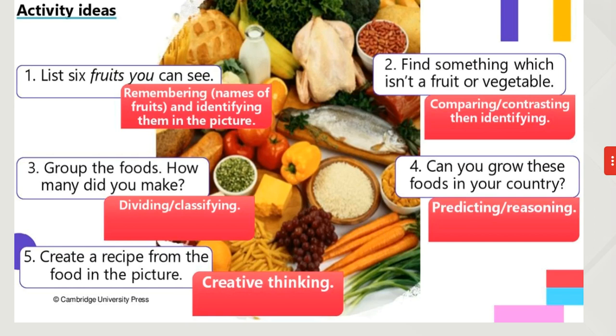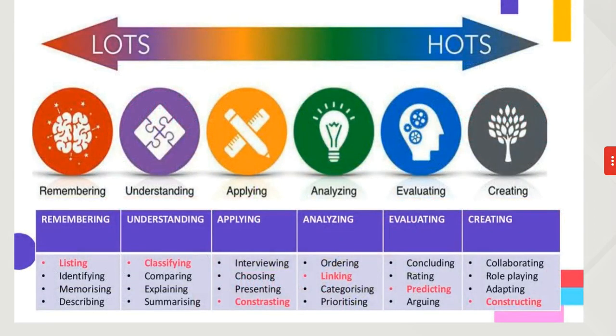So to help me create these tasks linked to this picture, I've used this, which is in the handout, I hope. At the end, I'll make sure that I ask Alan to have uploaded the handout.